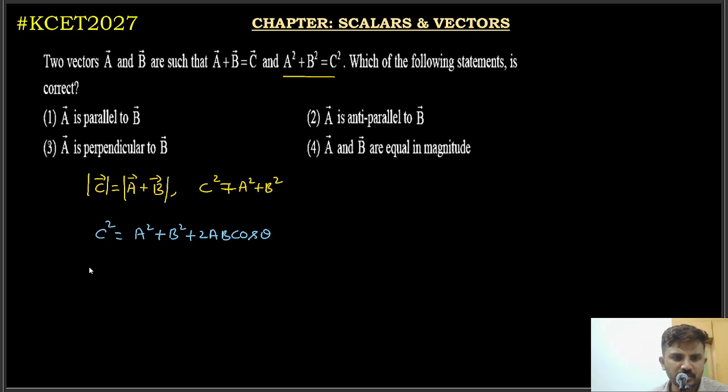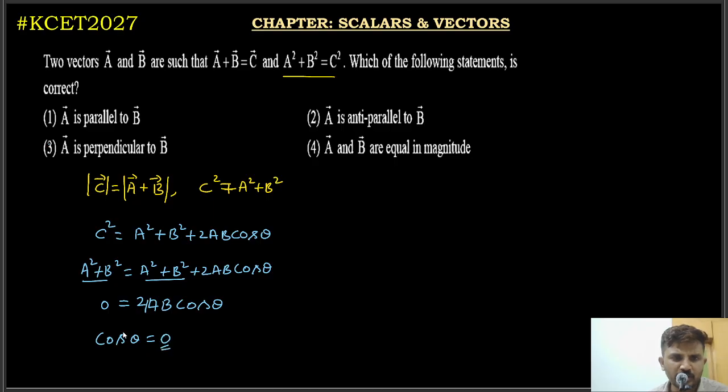C square is A square plus B square, which is equal to A square plus B square plus 2AB cos theta. Here A square plus B square get cancelled. So 0 is equal to 2AB cos theta. Therefore, cos theta must be equal to 0.